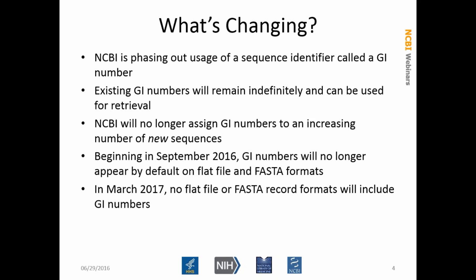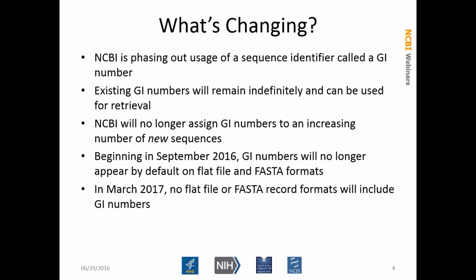They will still be usable for retrieving those sequences that have them already. But the real issue is that NCBI will not be assigning GI numbers to all new sequences being submitted. And over time, we will eventually not assign GI numbers at all anymore. That's going to be a gradual process, and it will only affect new sequences.